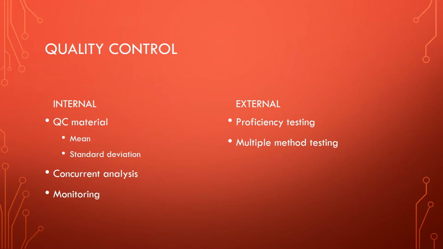Some instruments or some procedures require that you run quality control with every test run. For other procedures, the instruments or the procedures are designed in such a way that you only have to run the QC material maybe every few hundred patients or so. So it really depends on the procedure, the manufacturer, what they've determined, and also the fluctuation in the instrument itself.